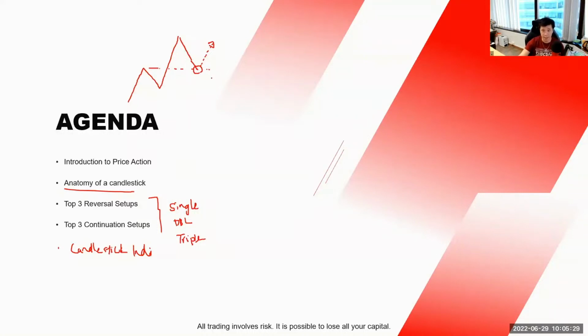We look at candlestick patterns. If price comes down here and forms, and we're going to zoom in here, if it forms this candlestick pattern, this red candlestick pattern, or this one, or this one, there are so many different kinds of candlestick patterns.